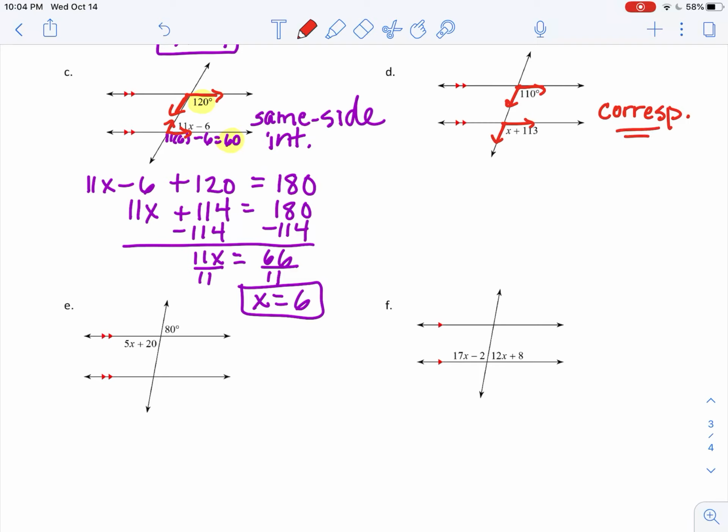Now you should have it memorized that correspondings are equal, but in a fallback position, you could always say, well, what do they look like? Do they look like they add to 180 or do they look like they're equal? And they actually do look like they're equal. So we're going to take the x plus 113 and set it equal to 110. We're going to subtract 113, and we're going to get x equals -3.